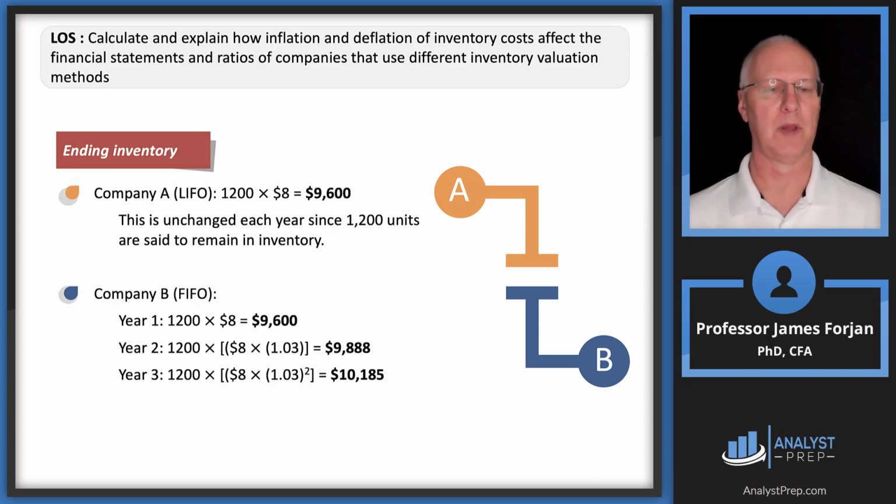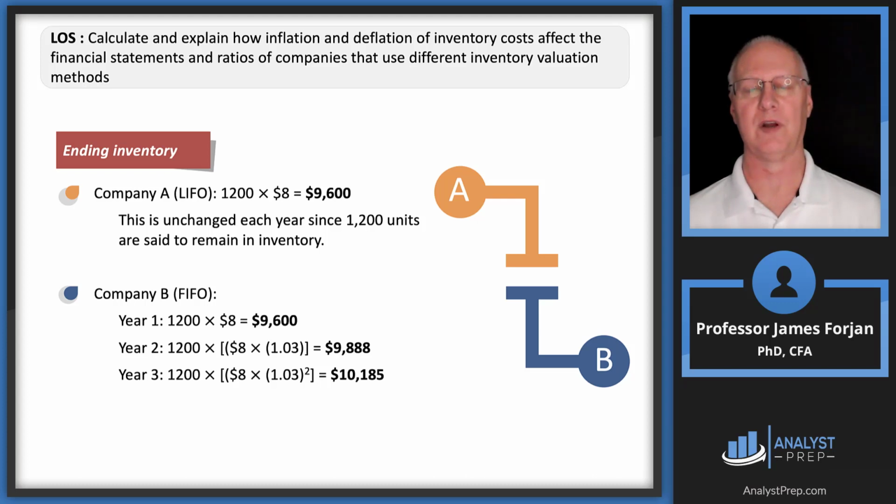A little bit more complex for Company B under FIFO, because we need to consider the rate of inflation only on the input side. So we sell the 1,200 times 8, 9,600 in the first year, right? In year 2, we take the 1,200 at the $8, but that thing increases by 3%, so we get to 9,888, and then in the third year, we raise it to the second power to get 10,185.